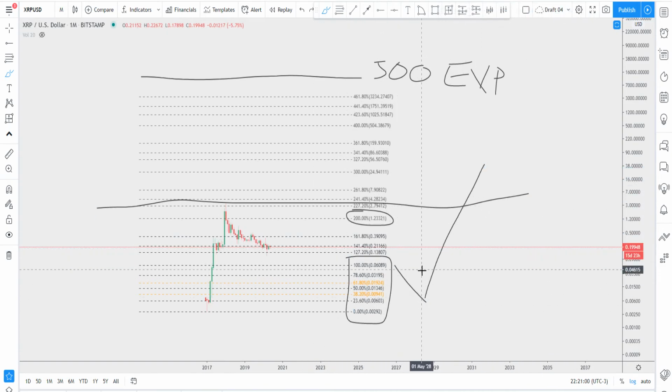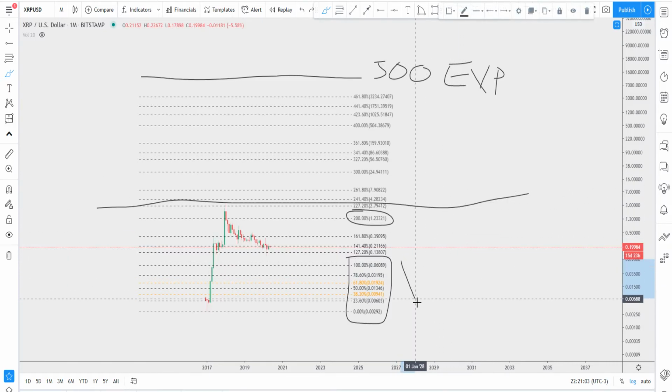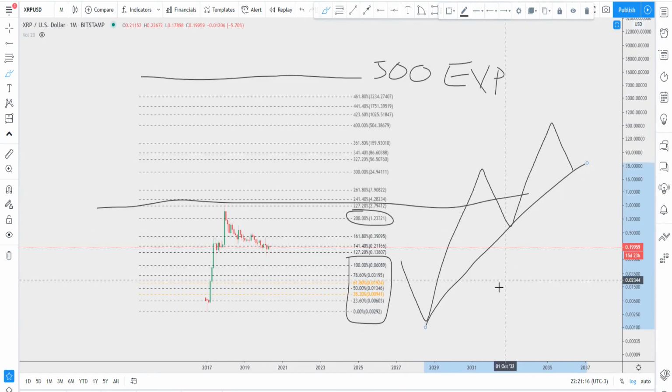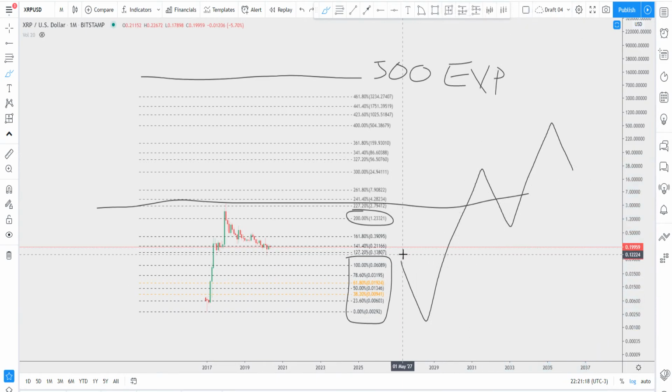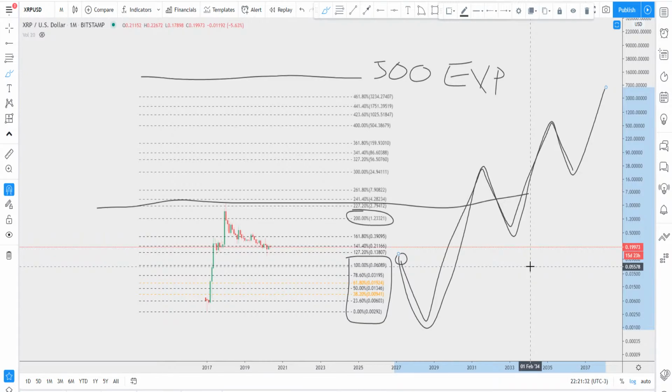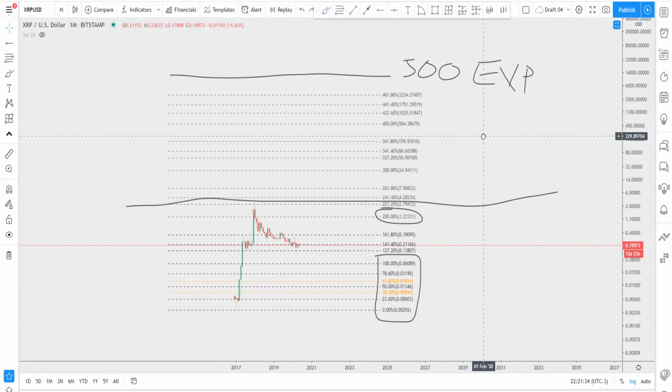So this is the first level, this is the second level, and this is our third level, okay? So crystal clear, this is a bull market, and it's also aligned with what? Elliott theory, okay? 0, 1, 2, 3, 4, 5 bull break before the major correction, okay? So the Elliott theory is also aligned with Fibonacci.